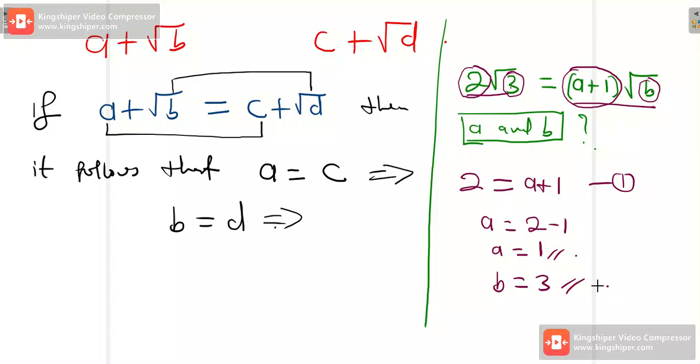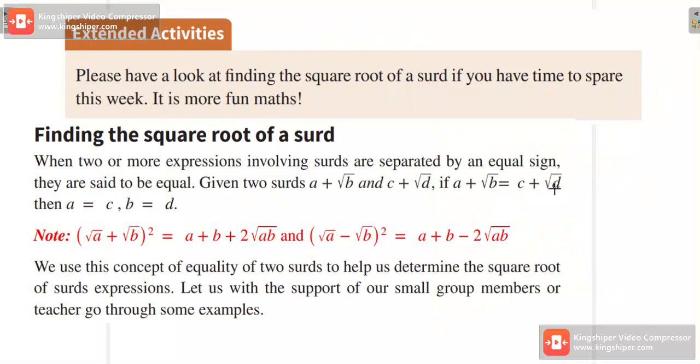Whenever two sets are the same, it means that the rational parts have to be the same and the radicals have to also be the same. So compare the two and find the missing value or the unknown.